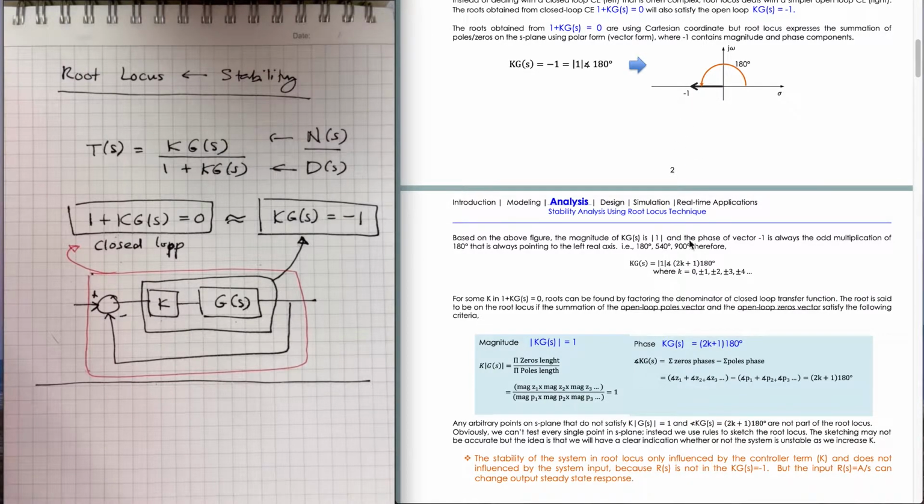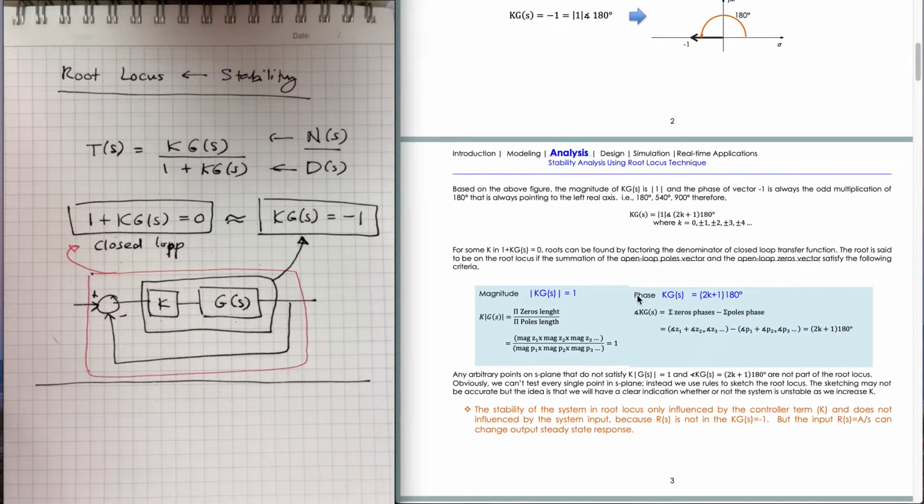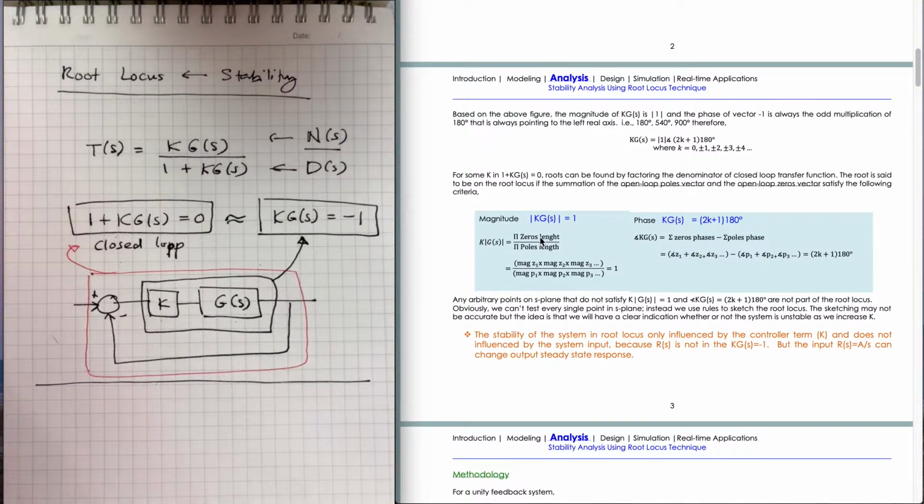The angle can be a multiple of 180: 540, and then 900 will be pointing in the same direction. So we can formulate KG(s) with magnitude 1 and angle (2k plus 1) times 180, where k equals 0, 1, 2, 3, 4. It is always pointing in that direction.